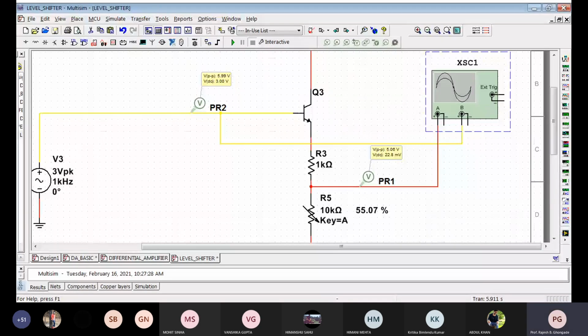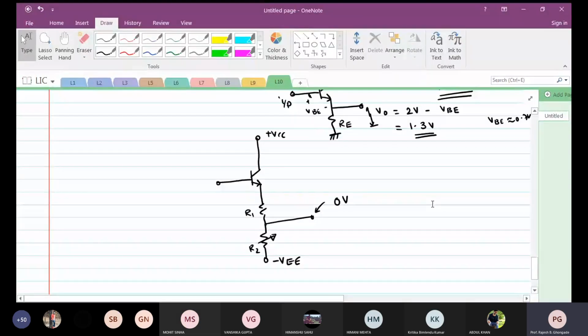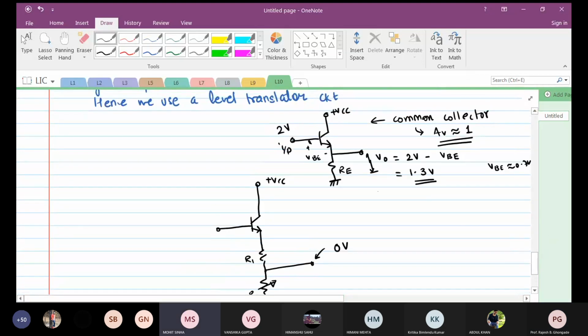Okay, let me switch back to this one node page. Do you see the one node page now? Yes, sir.